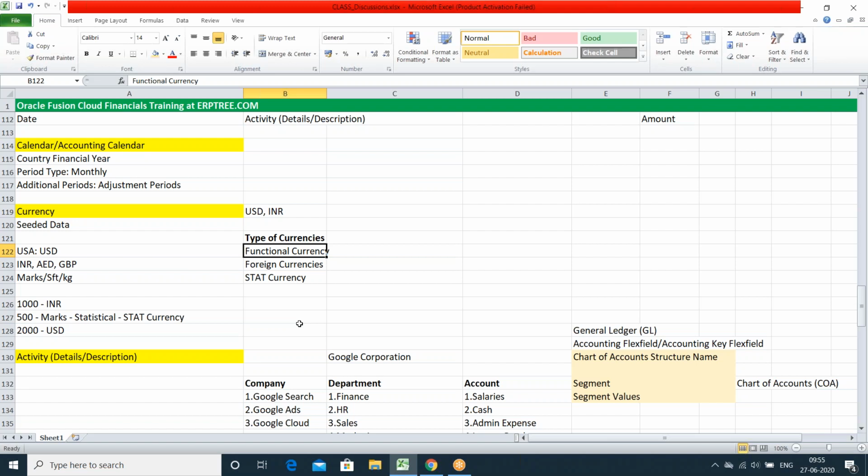INR. That is your functional currency. 99% of transactions you may record in different currencies, but still your functional currency is INR. All those foreign currency transaction balances will convert into INR and you will prepare the reports in INR only. Correct.